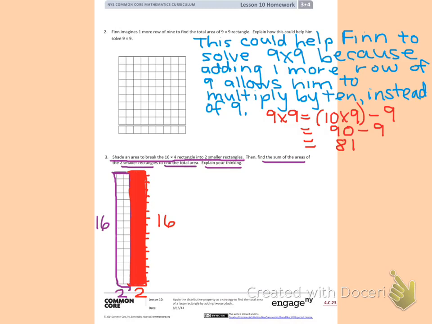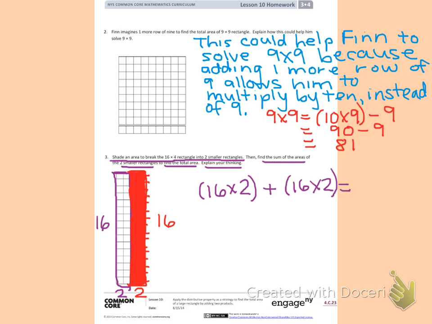Now I have to find the sum of the areas of the two smaller rectangles. So the purple rectangle is 16 rows by 2 columns, and the red rectangle is also 16 rows and 2 columns.